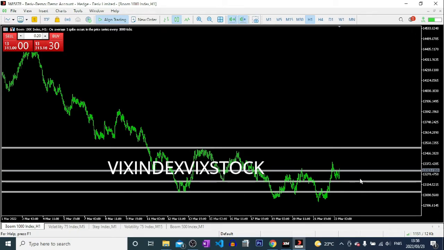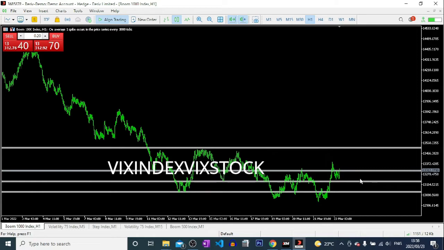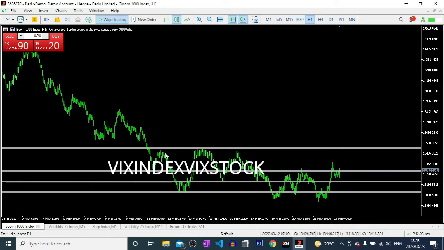When you're trading silver, you can tell that this is the actual real world price of silver. The same thing when you're trading Euro USD, this is the real price of the euro compared to the dollar. Those are real world connections. But when it comes to synthetic indices, all this that you are seeing is artificial. This is artificial movement, randomly generated by an algorithm in the derivative servers.